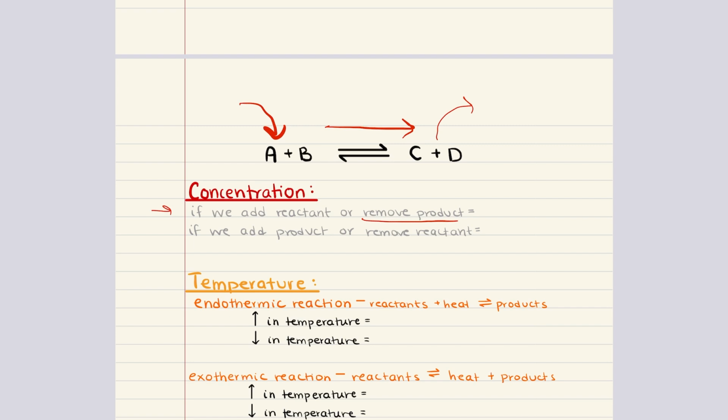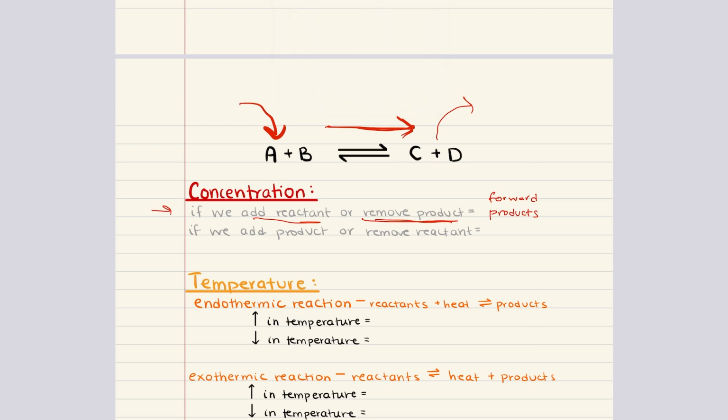When products are removed, the system will shift in the forward direction as well to produce more product to compensate for the fact that we've removed some product. So whether we're adding reactant or removing product, our reaction is going to move in the forward direction, and we are going to favor the production of more products.